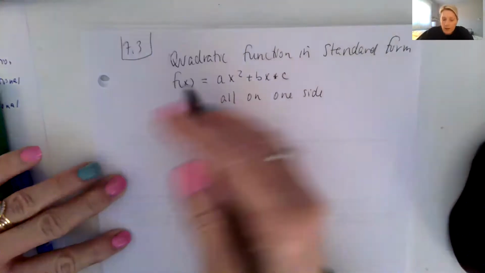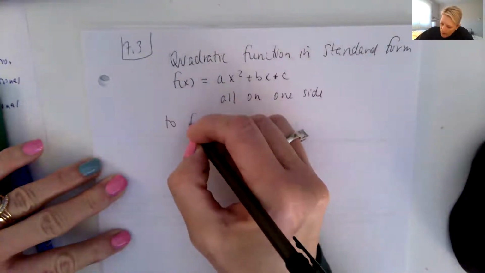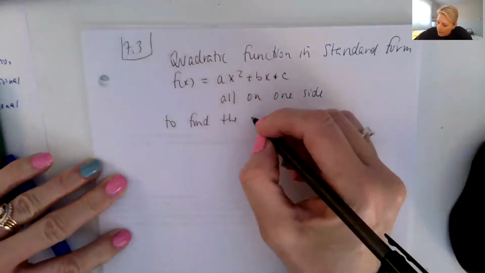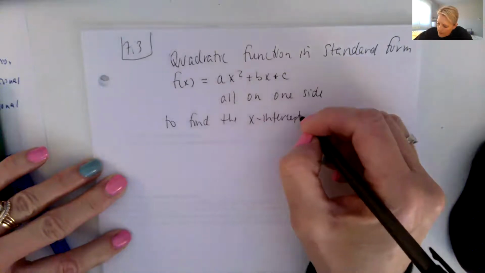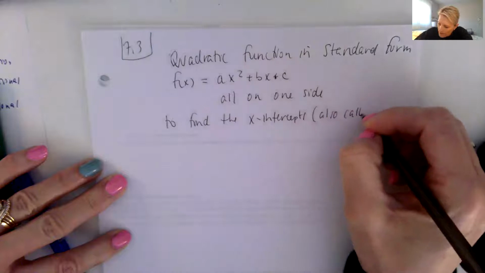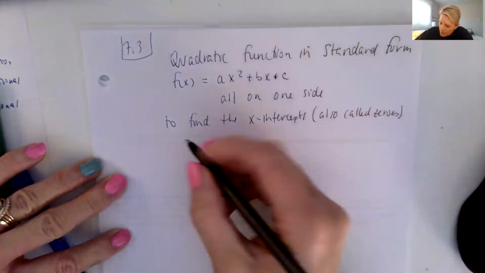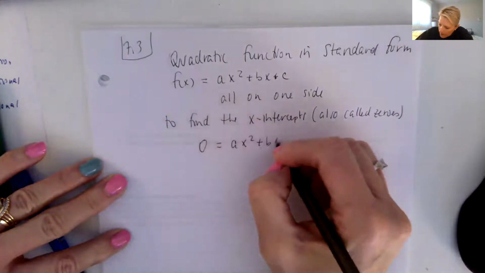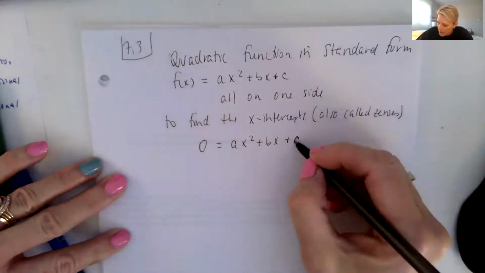And we used it in this form to find the x-intercepts. They're also called zeros because when you set the equation ax squared plus bx plus c equals 0, that's why they're called zeros.